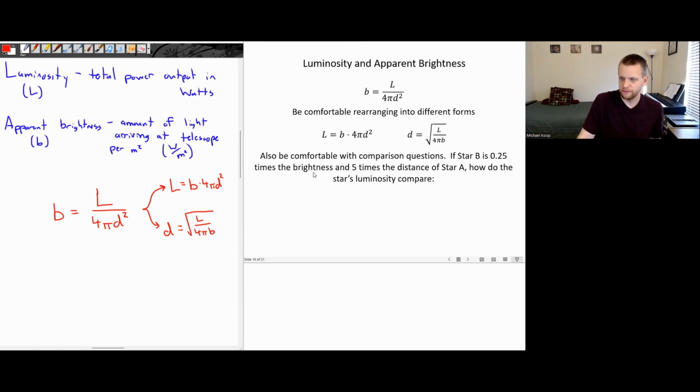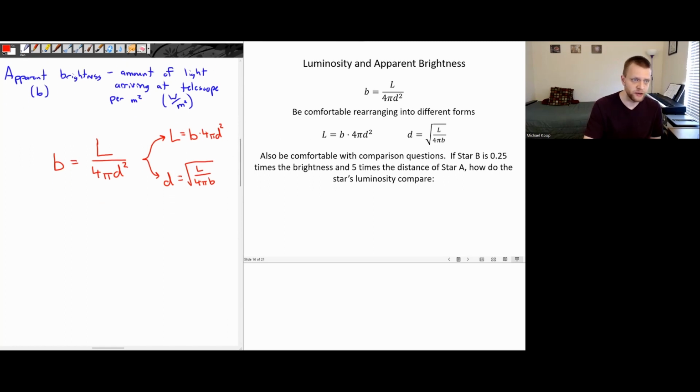I probably should have been a little bit more careful in this particular question and said the apparent brightness, because when you just say brightness, it can be unclear whether you're talking about luminosity, the power output of the star, or how bright does it appear to be based on our distance to the star. But let's say this is apparent brightness. So star B has 0.25 times the apparent brightness and 5 times the distance of star A. How do the star's luminosities compare?